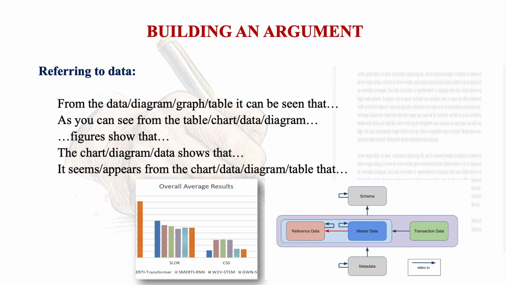Or they can also say, "as you can see from a data chart, data diagram," that so and so thing has happened, or "these figures show that." Okay, so they make use of words such as diagram, chart, data to show some information. So that is also used to expand the body part.